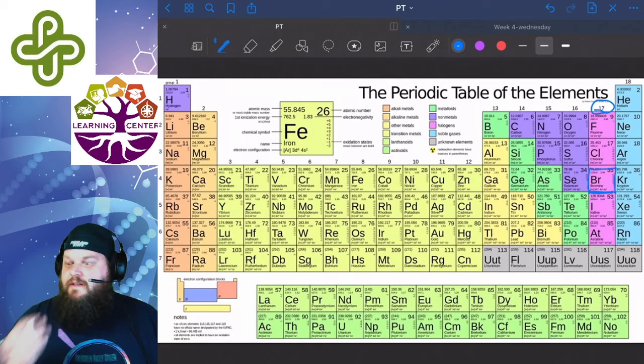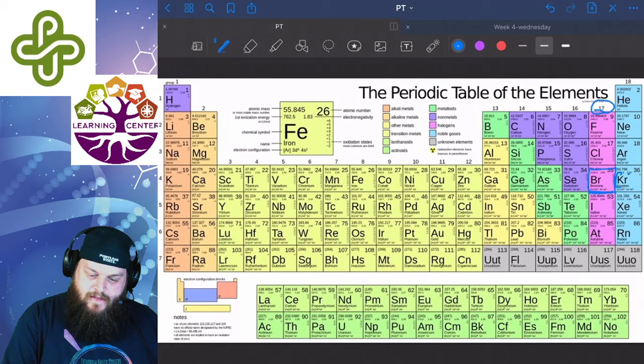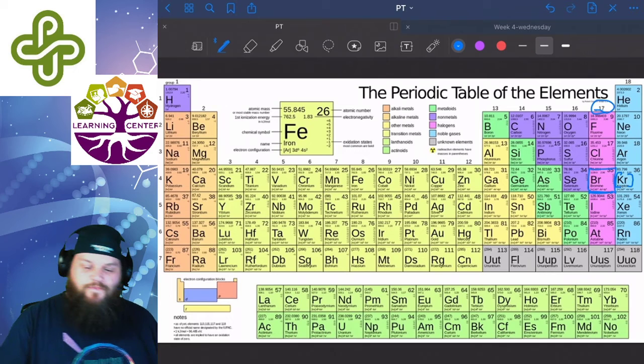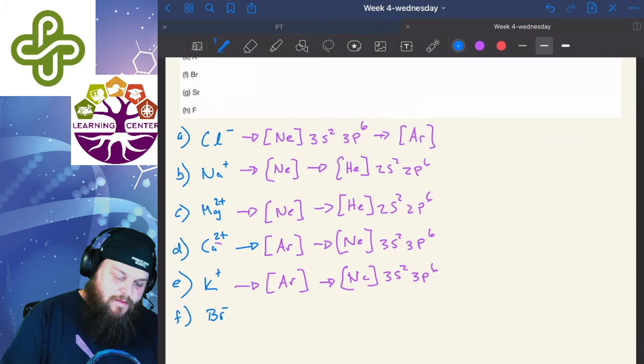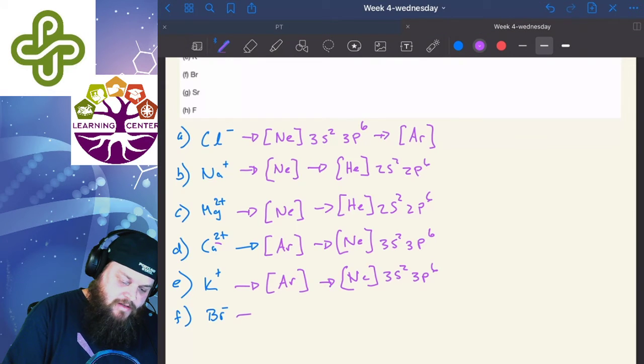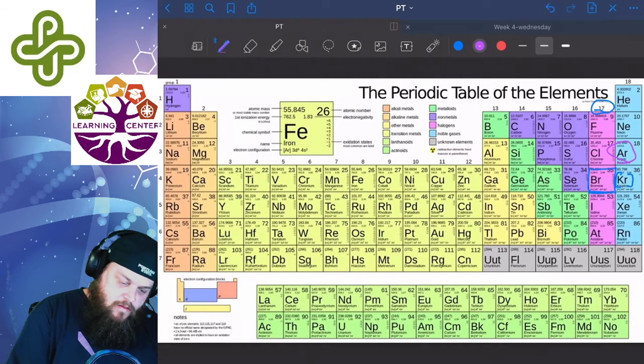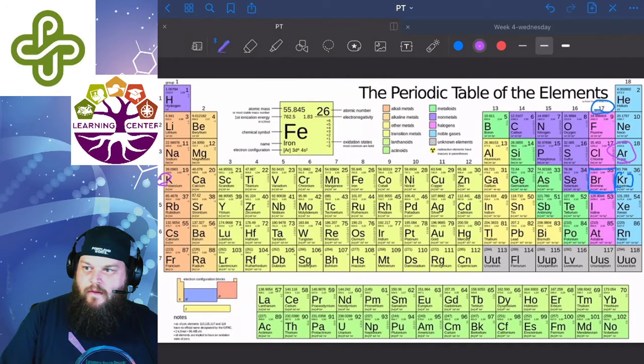Since it ionizes as a -1, it gets an extra electron and shoots up, so it's actually going to end up being the same as krypton, having the same configuration. We can write it out with an argon core, which is the one before it. This is argon, and then this is in period 4.